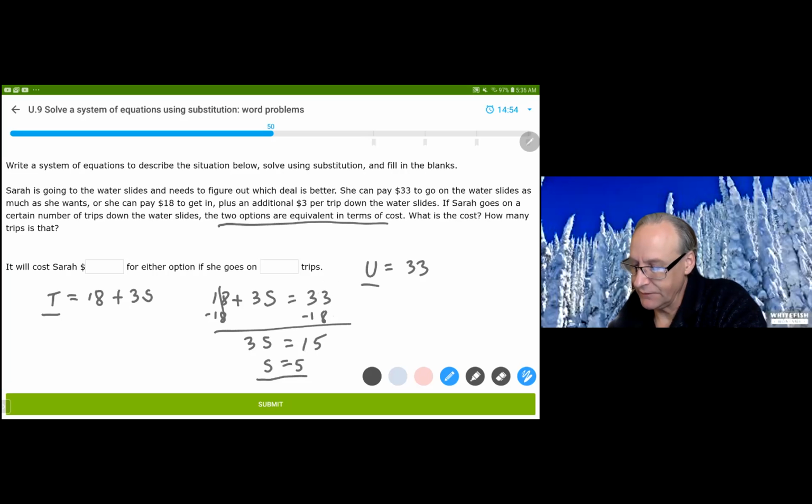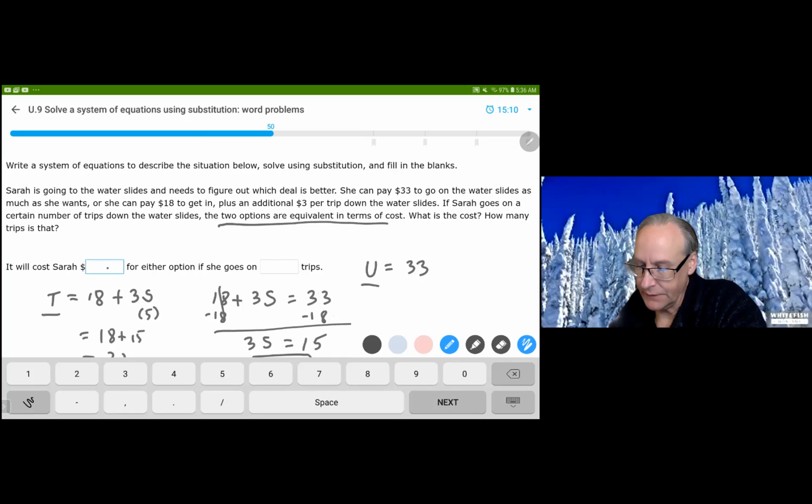So if she does 5 trips, then they're going to be equal. And it's always a good idea to go ahead and put the 5 in just to double check it. 18 plus 15, of course, is 33. So they are equal at 5 trips, and they both cost $33. I suspect that most people probably do more than 5, but who knows?